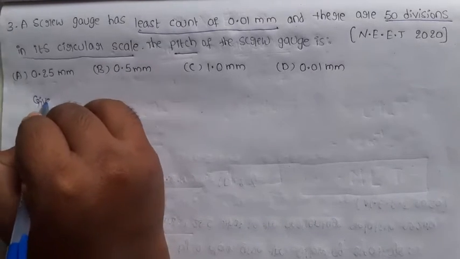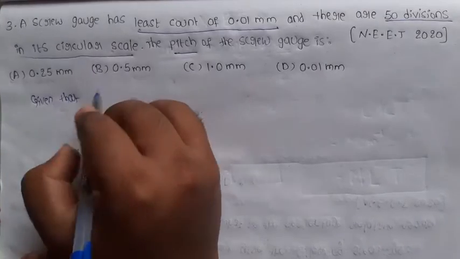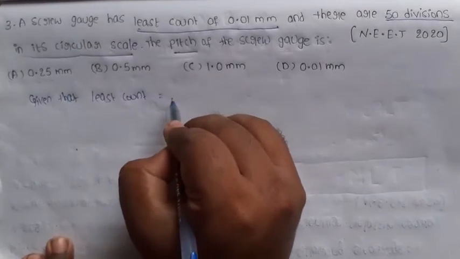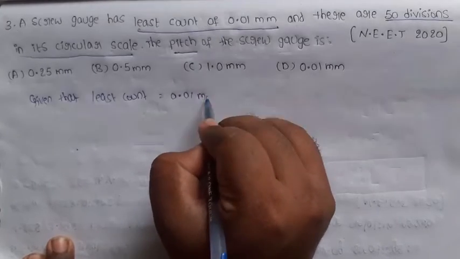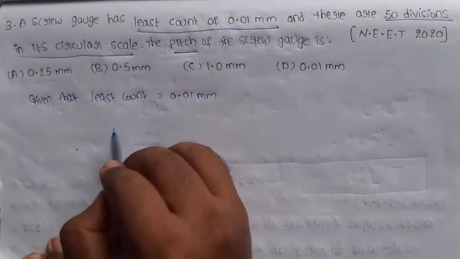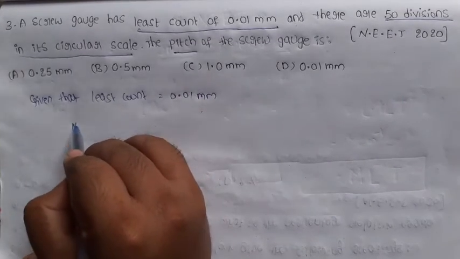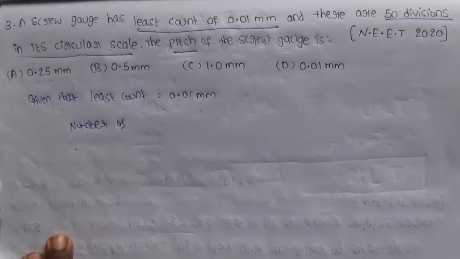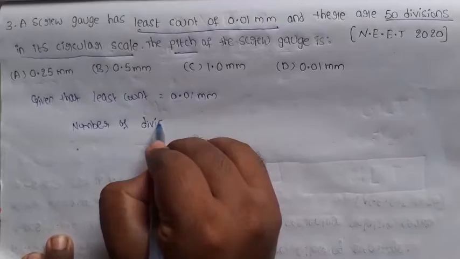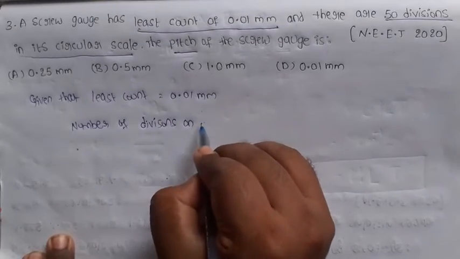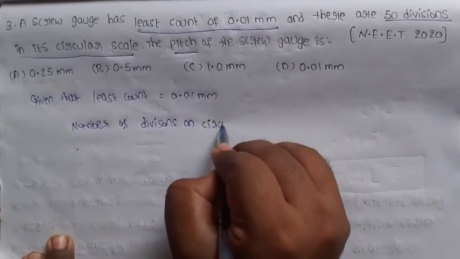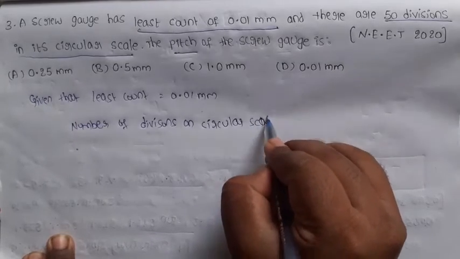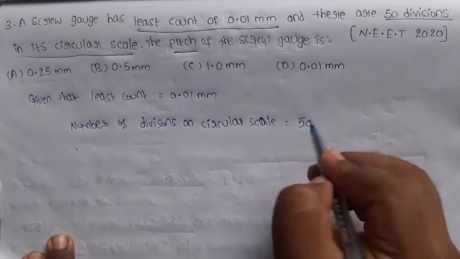Given that least count is 0.01 millimeter. Next, number of divisions on circular scale is 50.